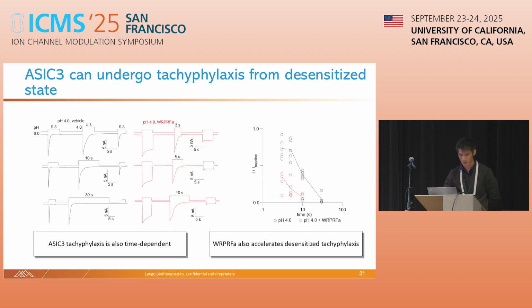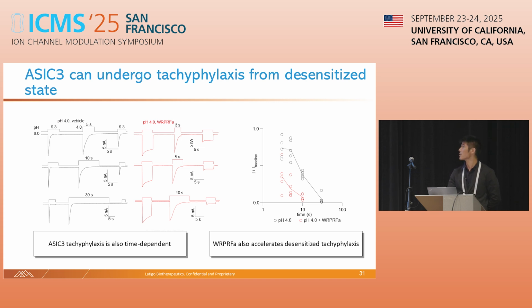However, as you can see here, when we go from 5 seconds, 10 seconds, and 30 seconds, this is not the case, as the currents continue to diminish the longer we hold the channel in the lower pH environment. And again, WRPRF accelerated this process. So this suggests that this could be a distinct process from the ASIC1 tachyphylaxis.